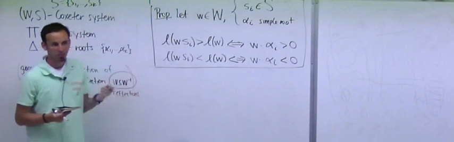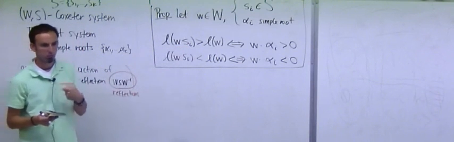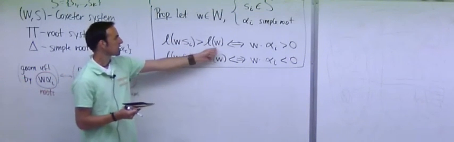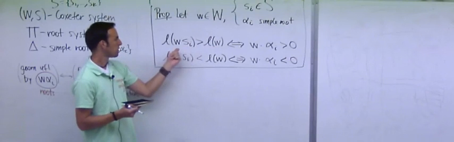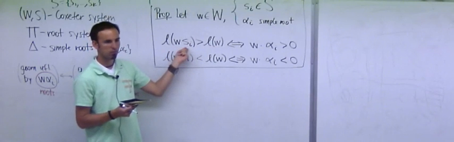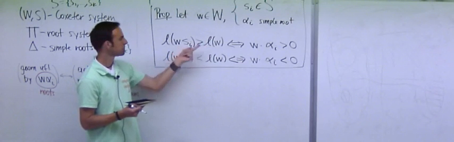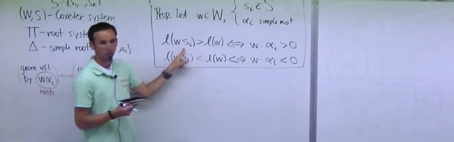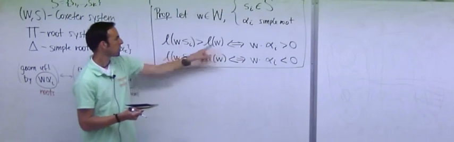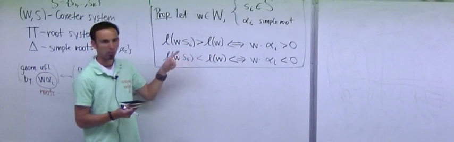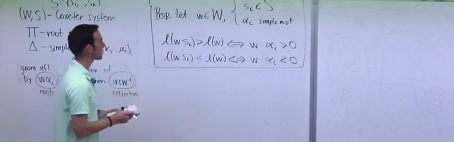If you remember, this is kind of the difference between the weak order and the Bruhat order. The weak order is defined by basically going from W to WSI if this is bigger than this. And in the Bruhat order, we allowed to go from W to W times T, where this was an arbitrary reflection. And so we want to understand when that is true geometrically.